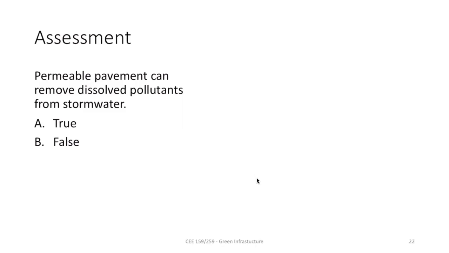As we learned in class, water moves very quickly in permeable pavements, so even with such materials, the dissolved pollutant would not have time to interact. So the statement is not correct. The correct answer is B. It's a false statement.